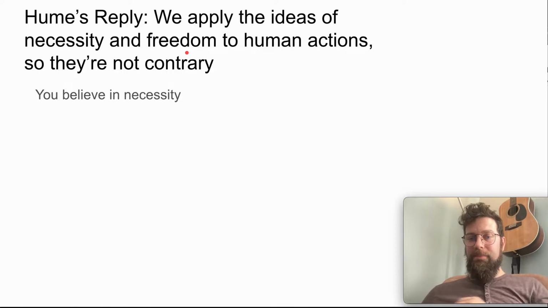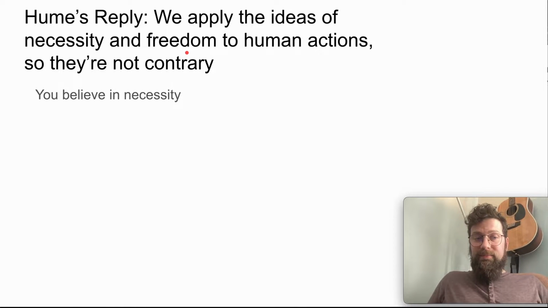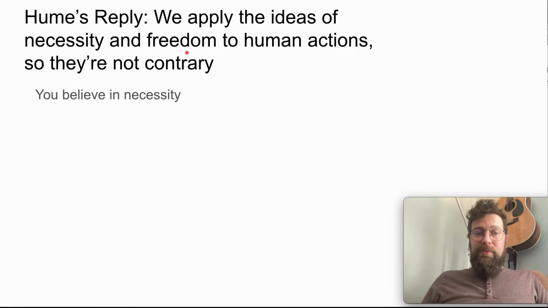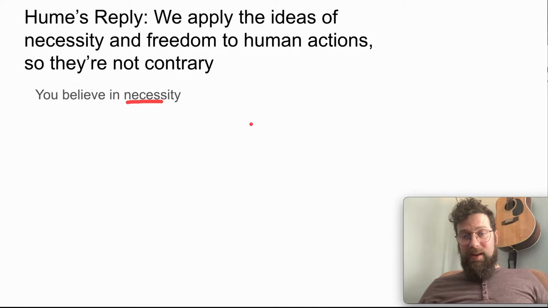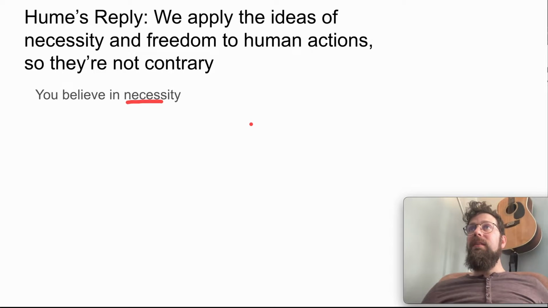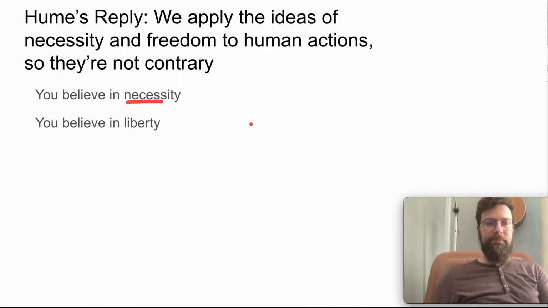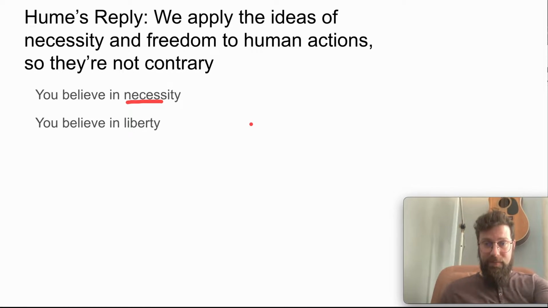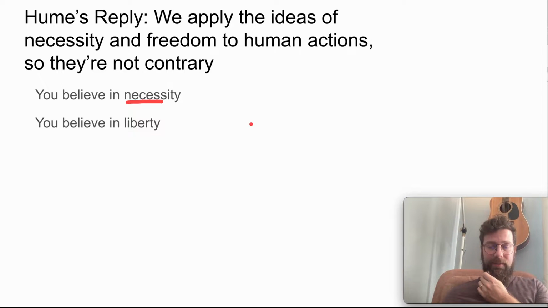He's going to say, look, you believe in cause and effect. And not only do you believe in cause and effect when it comes to billiard balls knocking around on the table, but you also believe in cause and effect when it comes to human nature. Right? He's also going to say, you believe in liberty.